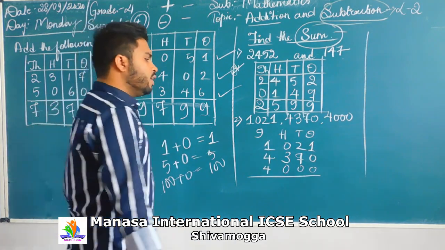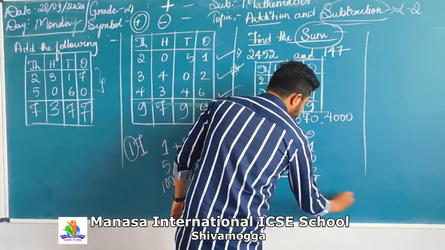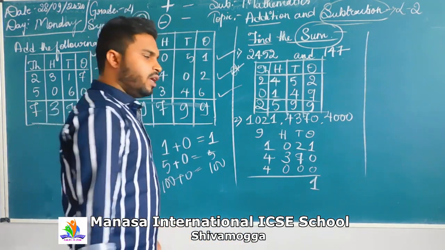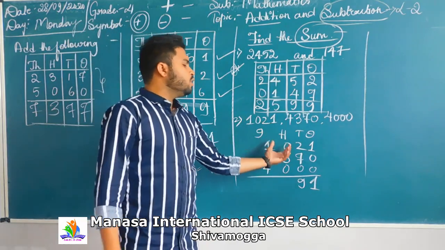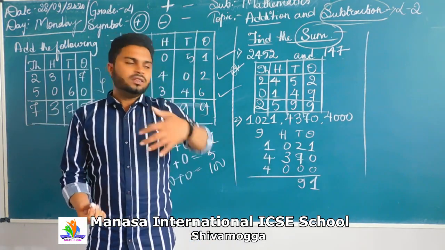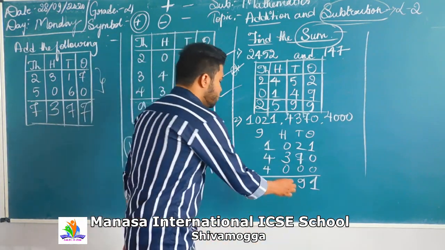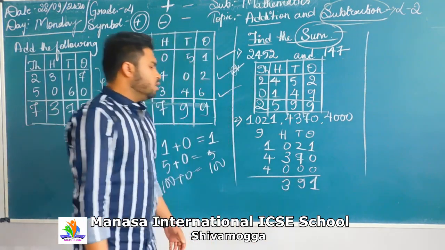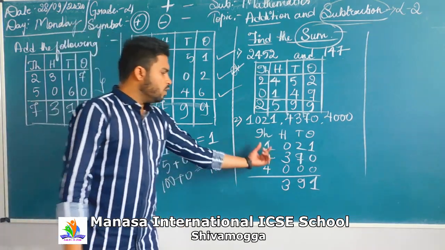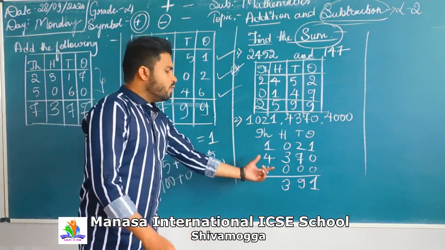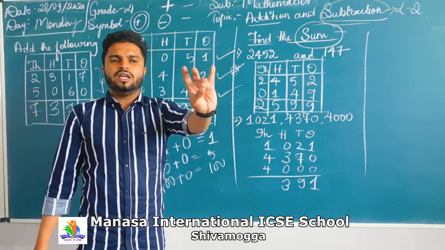In the ones place, 2 plus 7 is 8, 9. See, in the hundreds place you have 0 plus 3, 3. Again 3 plus 0, it is the same number, 3. Next in the thousands place, 1 plus 4 is 5. 5 plus 4 is 6, 7, 8, 9.